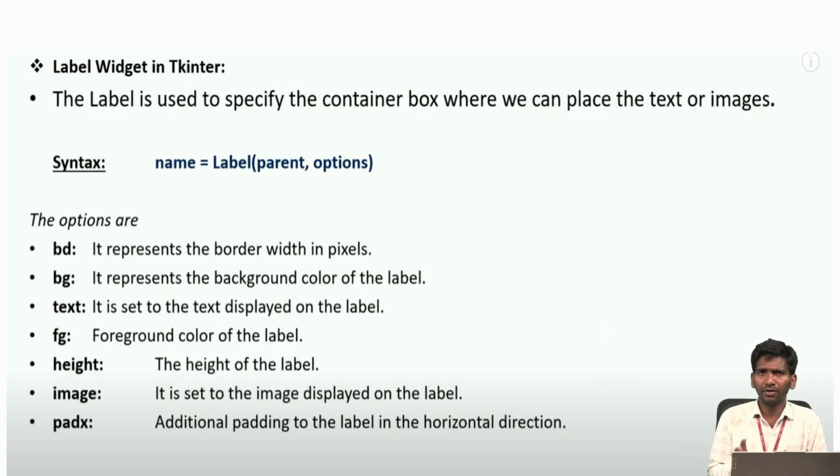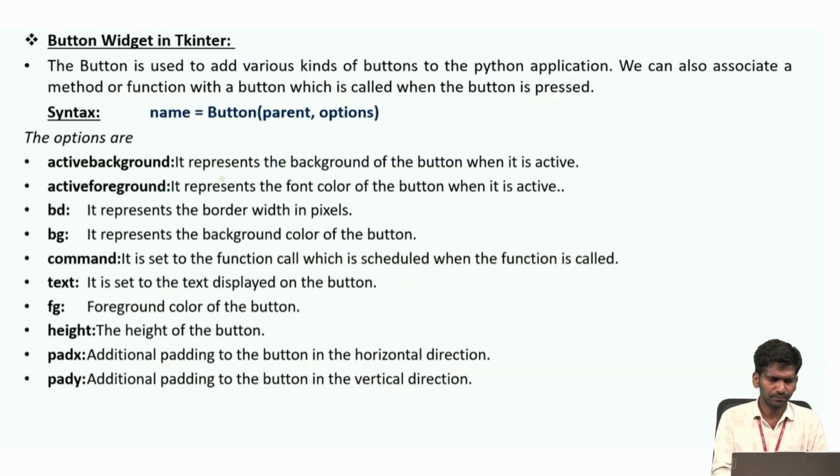So parent is the window name. Options are the below one: BD, BG, text, FG, height, image, padding X, padding Y. Okay. So we can define all these options in the above brackets. Okay, in options area. Okay, and give the dimensions so that your label will arrange accordingly.